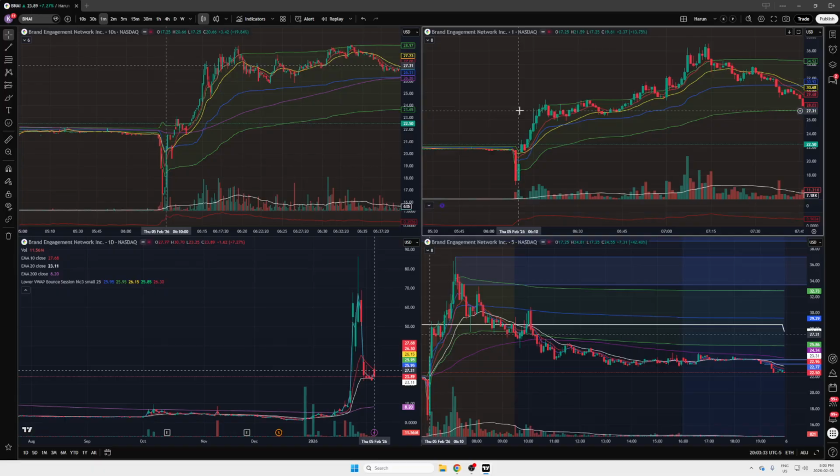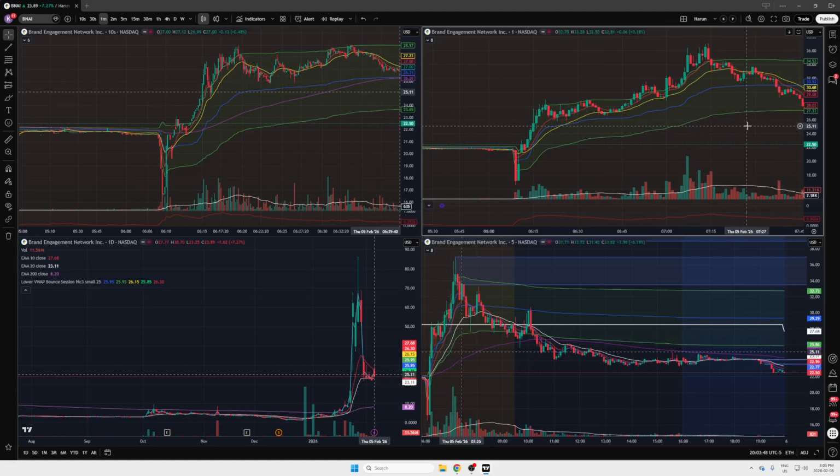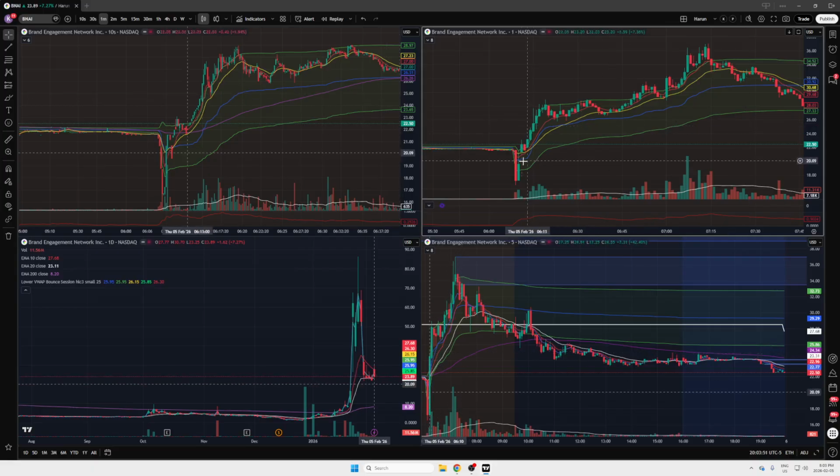So you must have breaking news, and basically you're waiting for the first candle to touch the lower VWAP band, and then that is when you can have a possible entry.